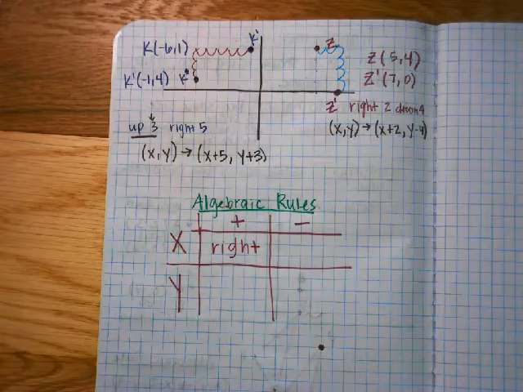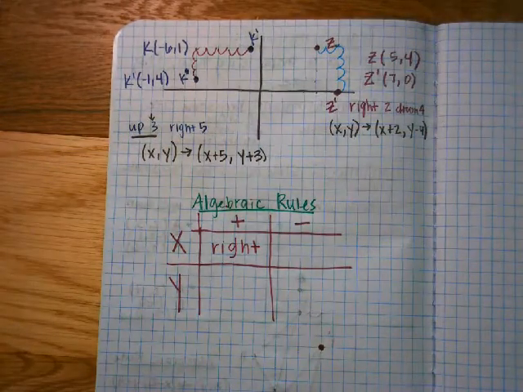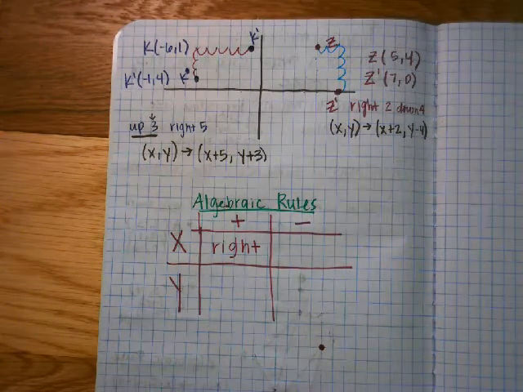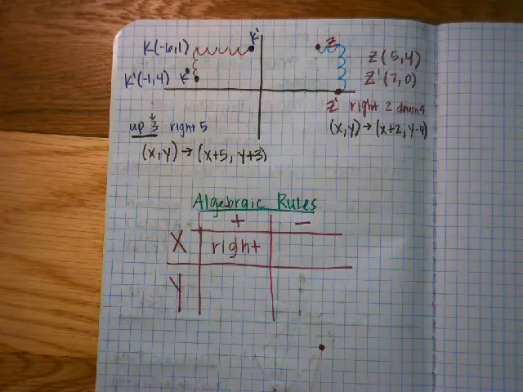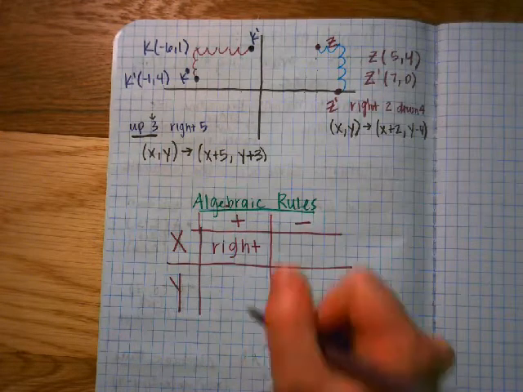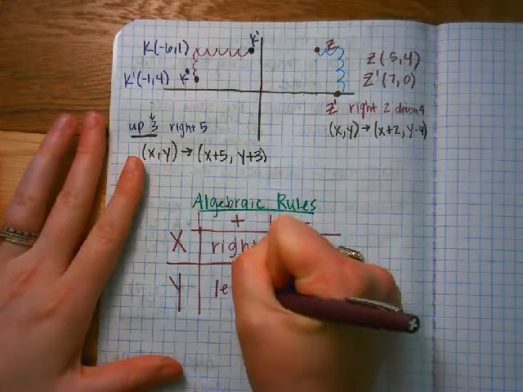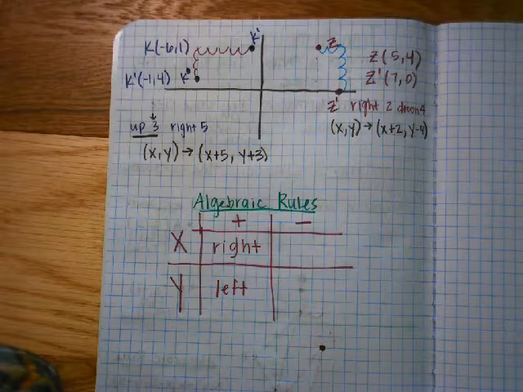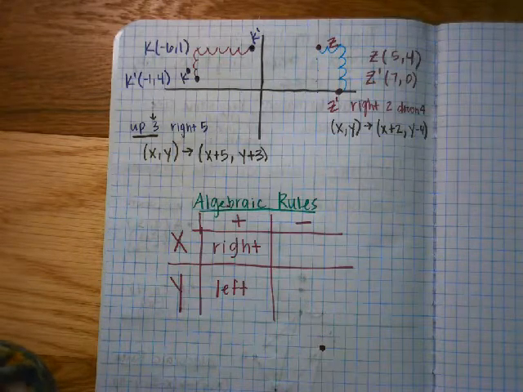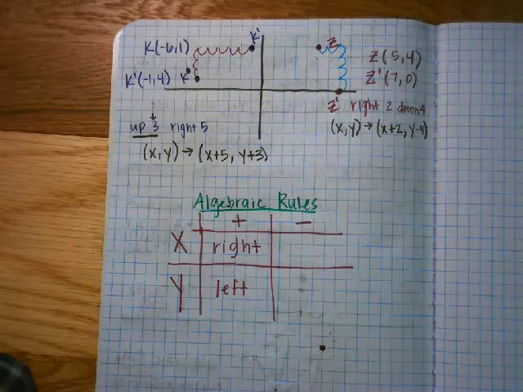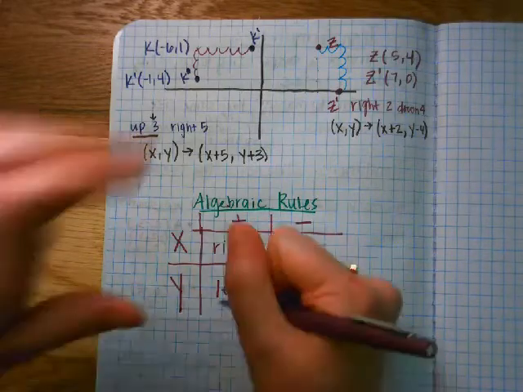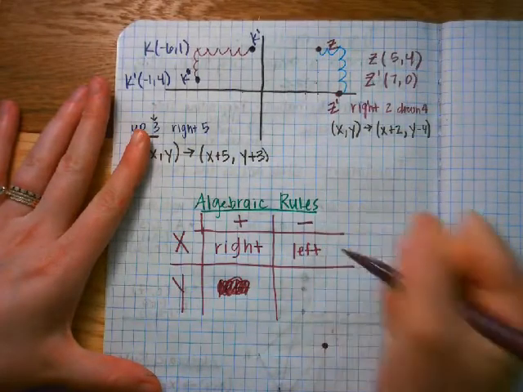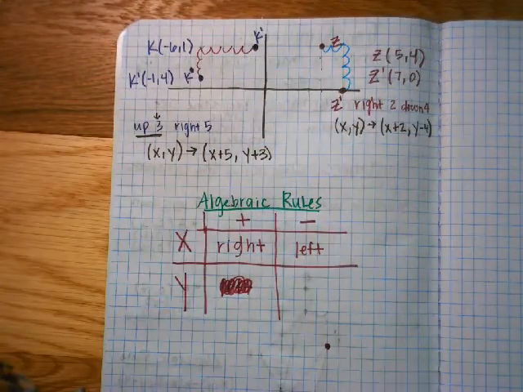Good. All right, so Eric said we go right. Ariel, can you tell us what happens when we subtract from x? Good, we go left. Caroline, can you tell us what happens? Oh, I wrote that in the wrong place. Caroline, can you tell us what happens when we add to y?